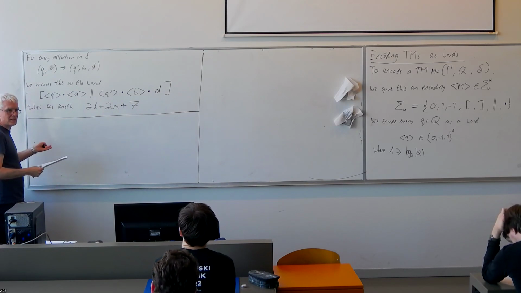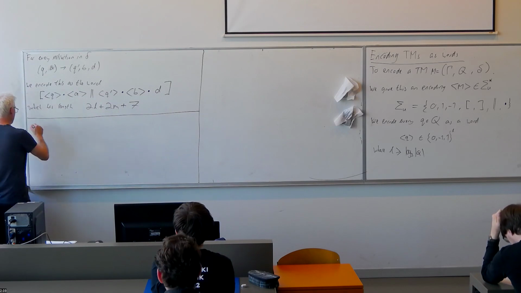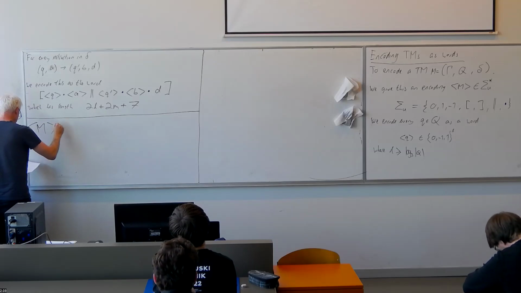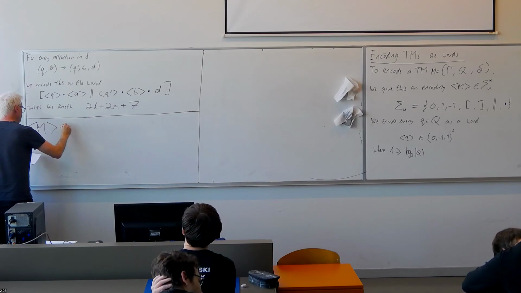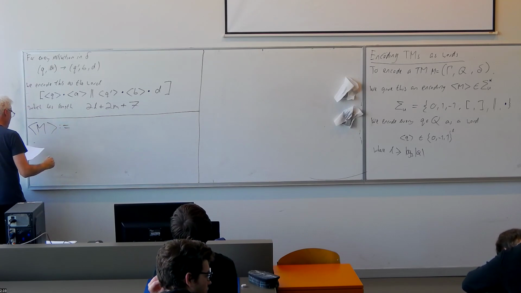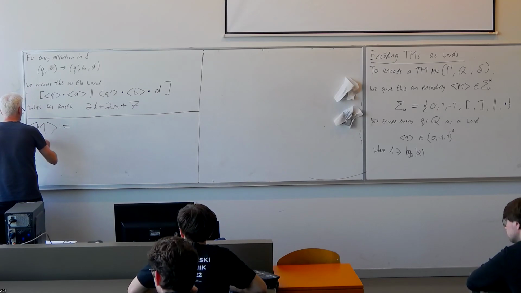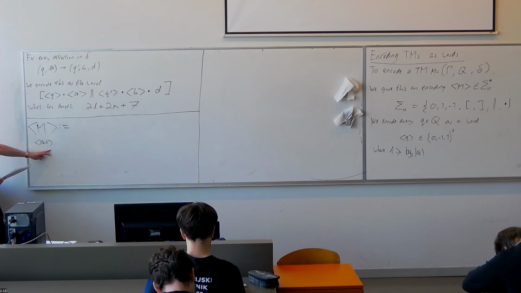We'll just move straight away to encoding the whole Turing machine. The encoding of the Turing machine M is as follows. We start with the encoding of start, which is some number of zeros.